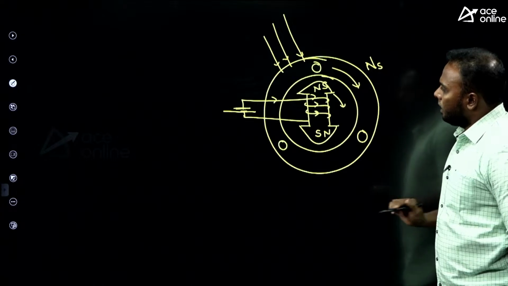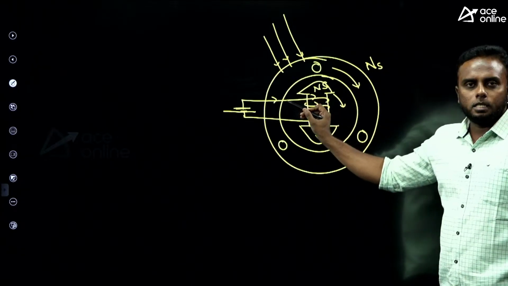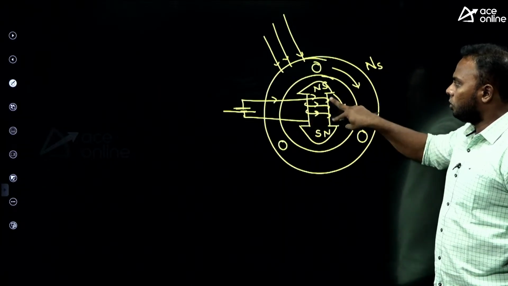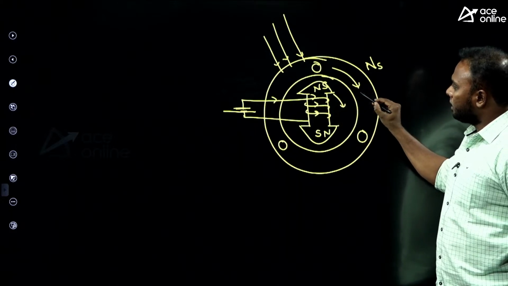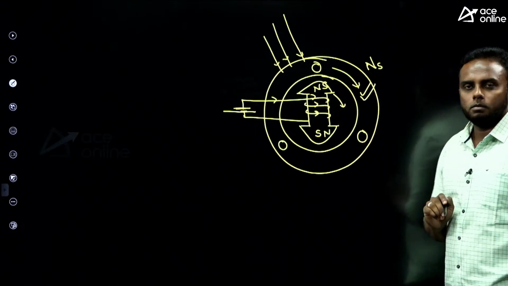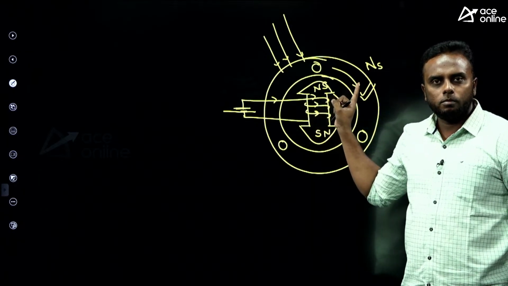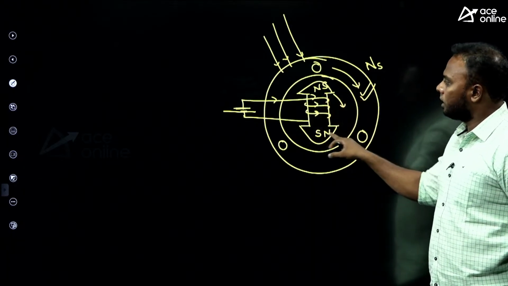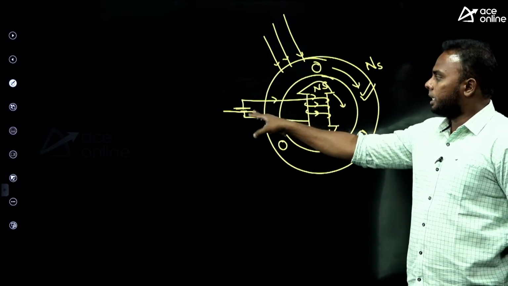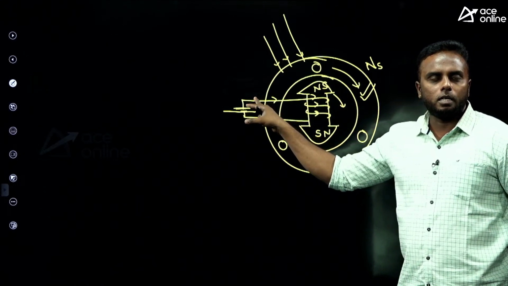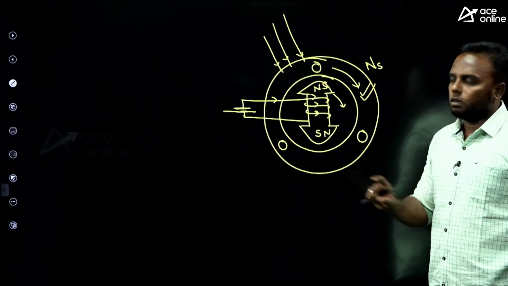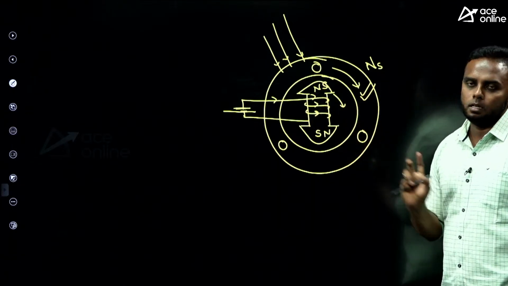Why? Because even if the field current is reversed, poles will interchange, no doubt. But in which direction is the RMF here? Clockwise. Whatever the direction of the stator RMF, the rotor will always rotate in the same direction. So even if you change the direction of field current, there is no use. It will continue to rotate in the same direction.